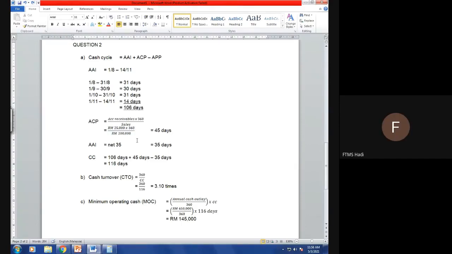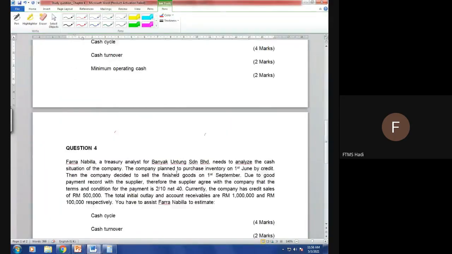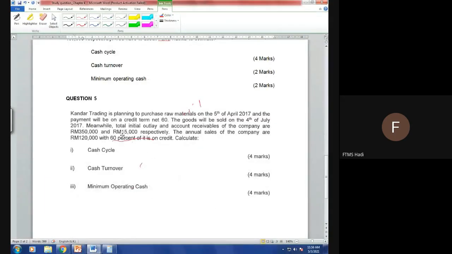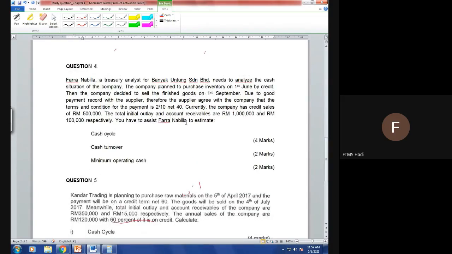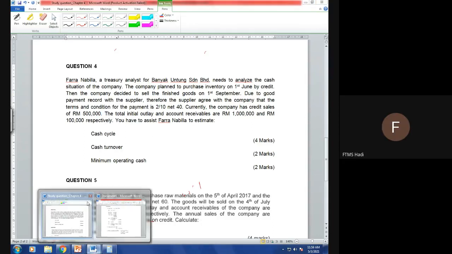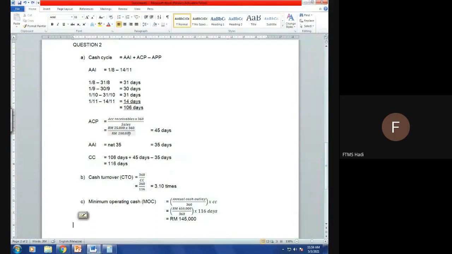In this case, if the question gives annual sales with this amount and 60%, usually if you see those questions, it isn't given. For example, the company has credit sales of 500, and it doesn't tell you how many percent of that. If there isn't any, that means maintain it. If there isn't, it means maintain.